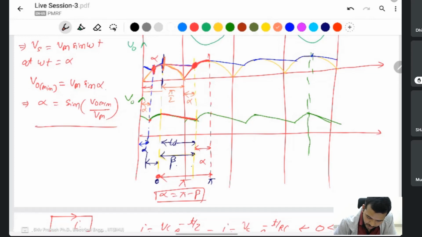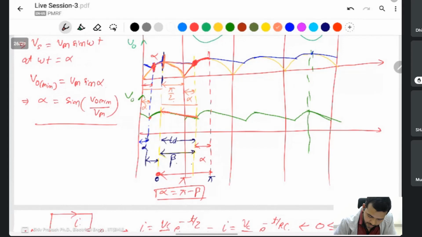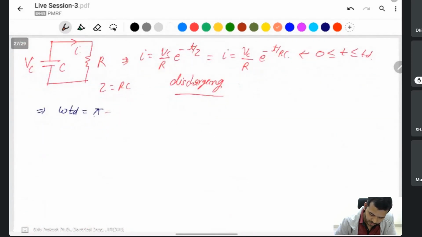Then the total discharging time from here to here is pi by 2 plus alpha. So omega Td is pi by 2 plus alpha, and we find Td is equal to pi by 2 plus alpha divided by omega, the discharging time.